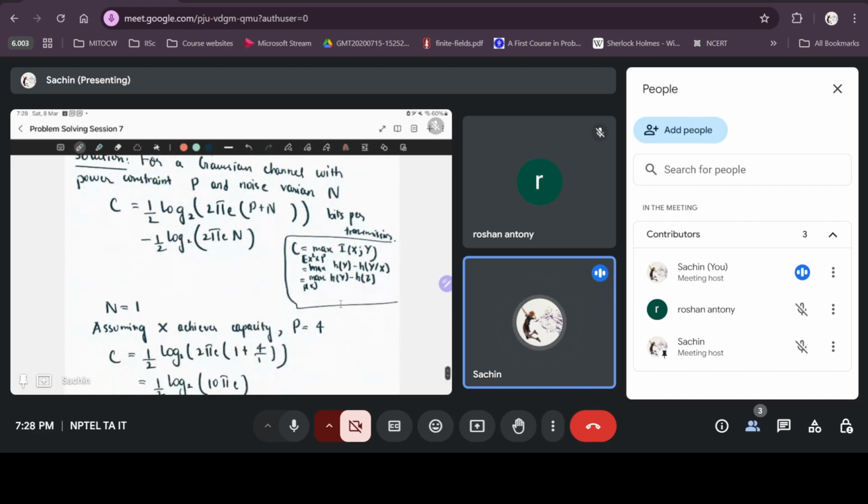So h of Z is half log of 2 pi e N, this term.